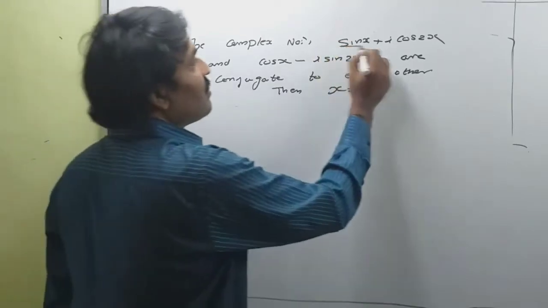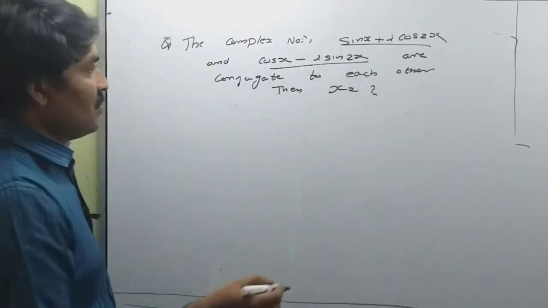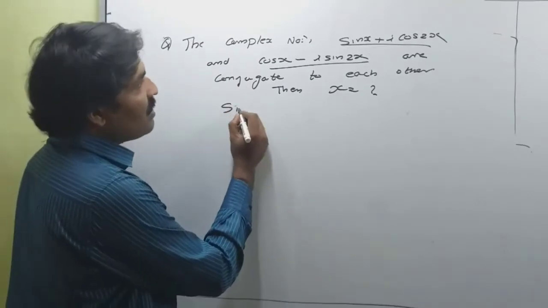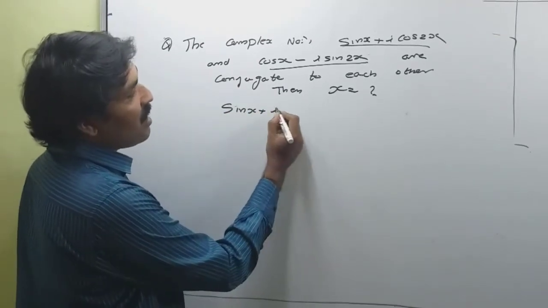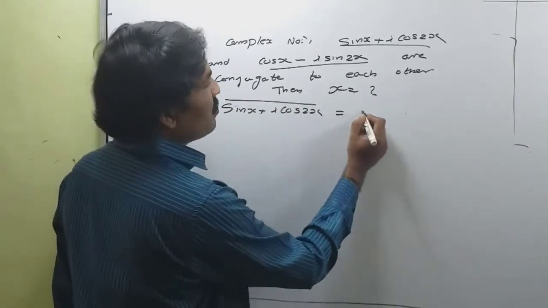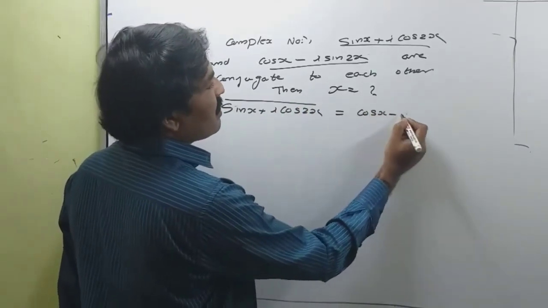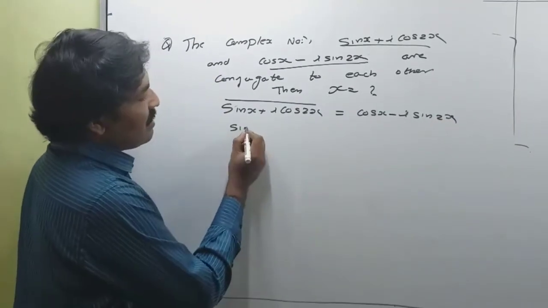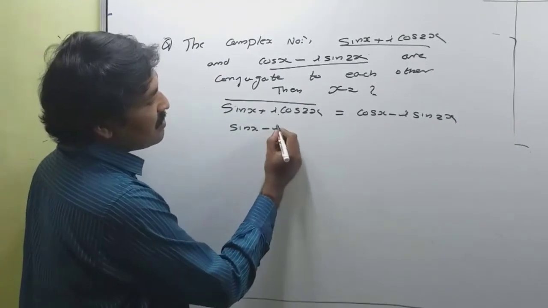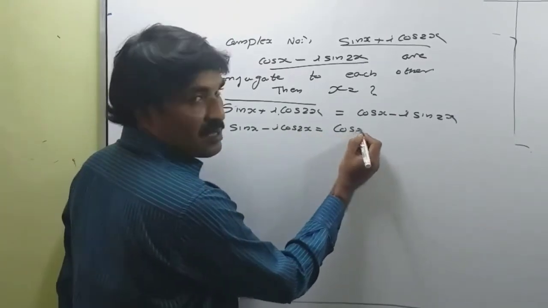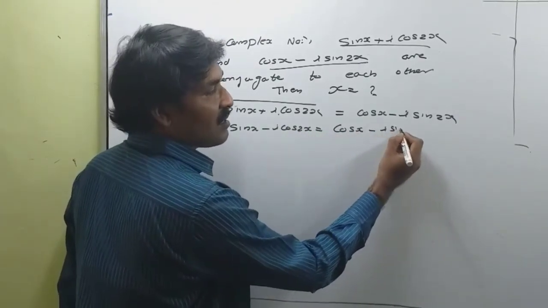So these are conjugate. So we can write sin x plus i cos 2x, its conjugate, is equal to cos x minus i sin 2x. That implies sin x minus i cos 2x is equal to cos x minus i sin 2x.